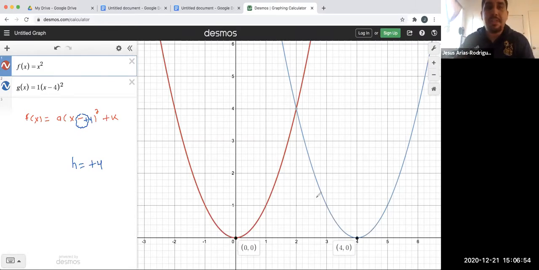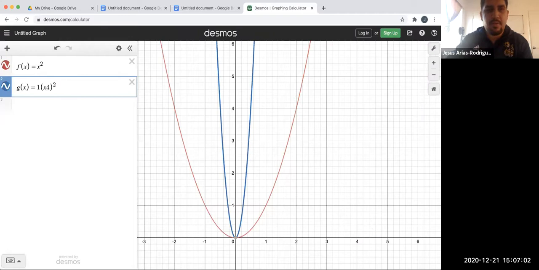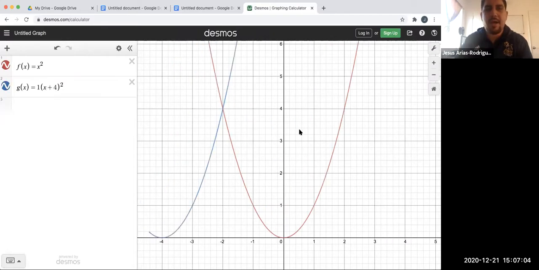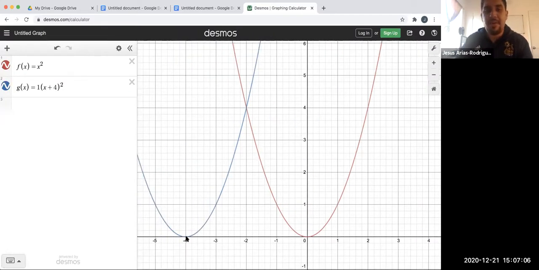Now, let's see what happens if we do the opposite. Let's say that instead, I change this to a plus 4, okay? So now we have the opposite effect. Now the vertex of this function is on the other side of the x-intercept. Now this is located at the point -4, 0.